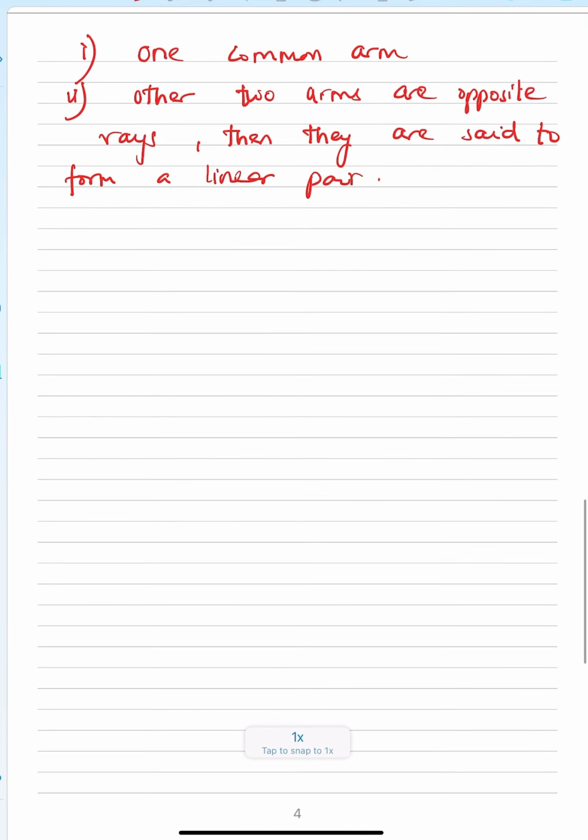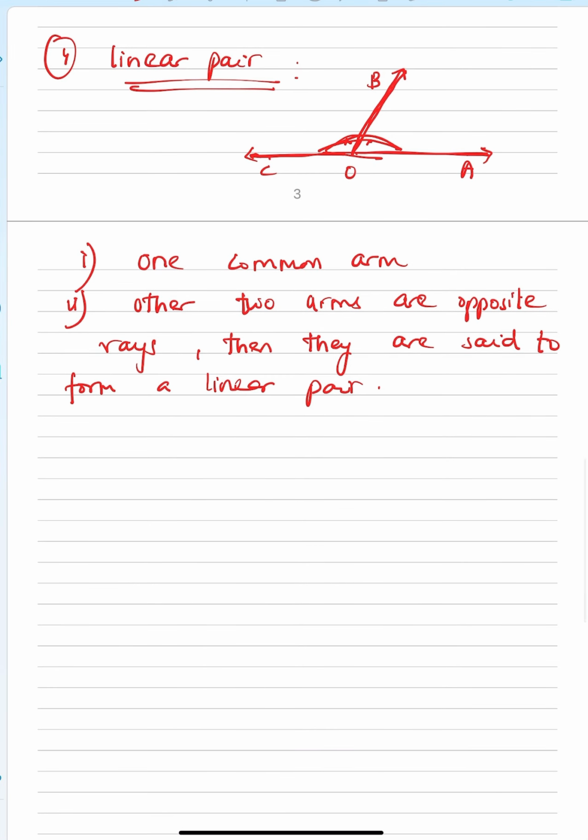Now the angles forming a linear pair are adjacent angles. One thing we can see, that angle COB and angle AOB, they are forming a linear pair, correct?